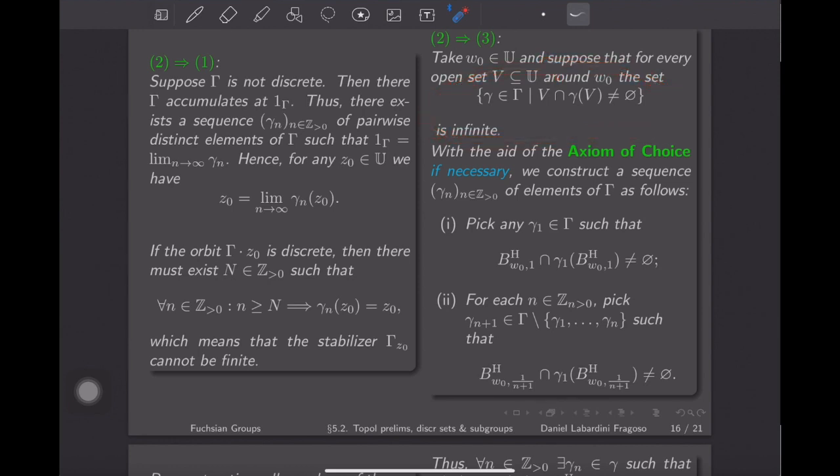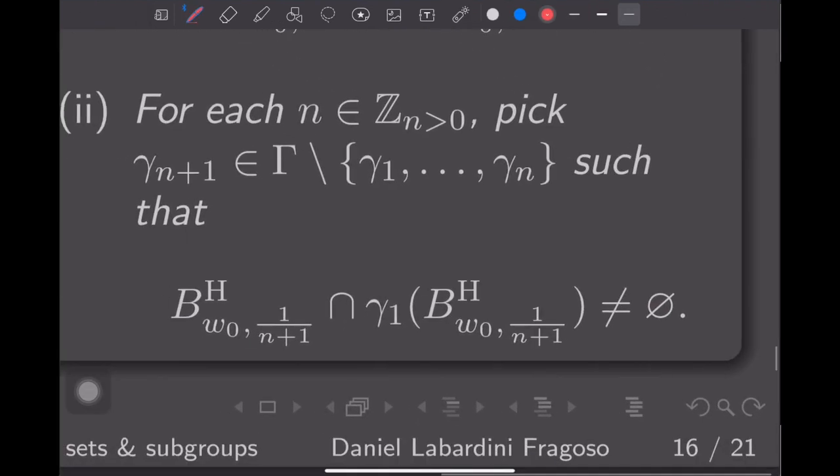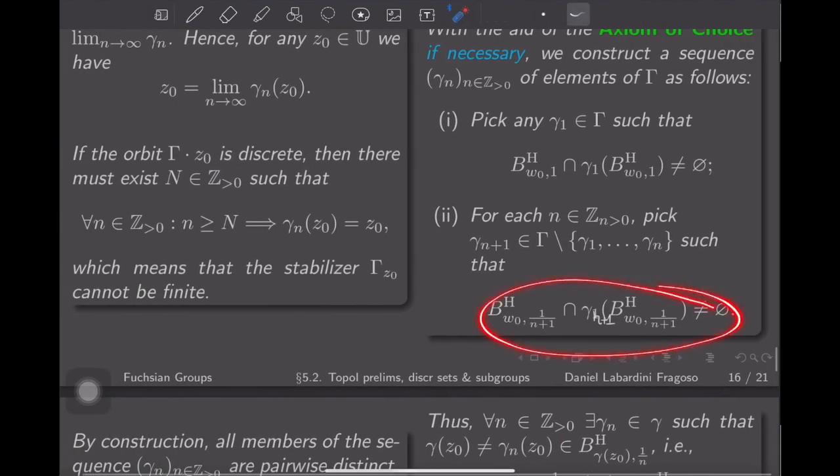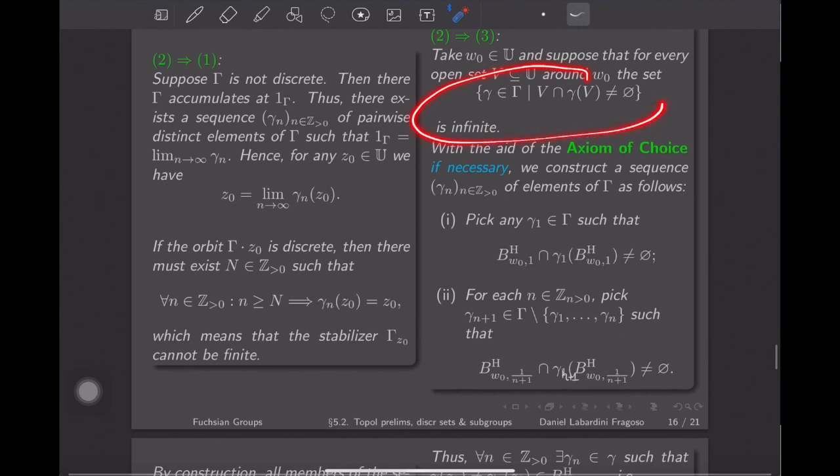So of course I can find a gamma, and this here is gamma n plus 1, with this property, but also since this set is infinite, I can choose it so that it's indeed different from the previous ones.